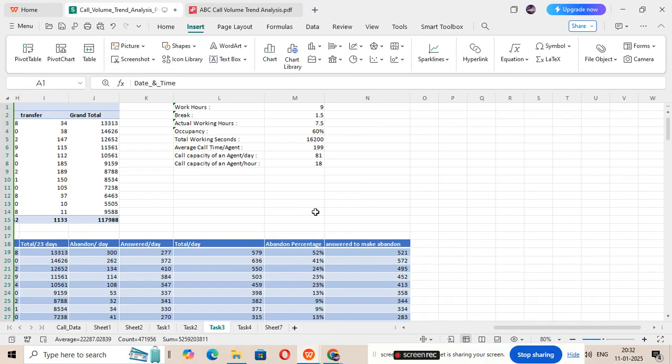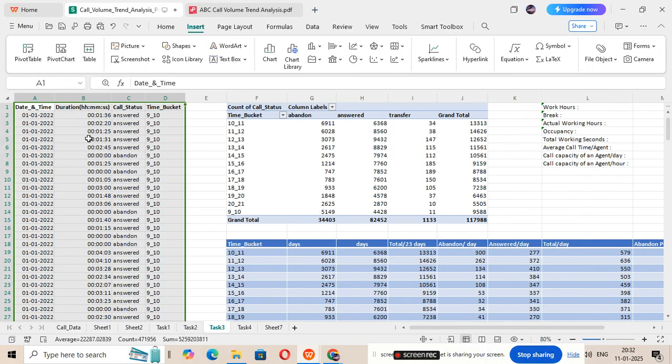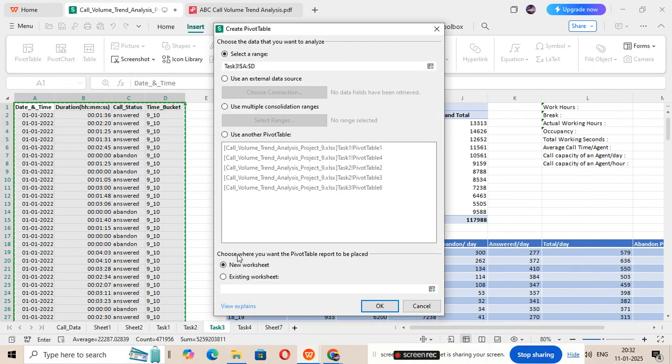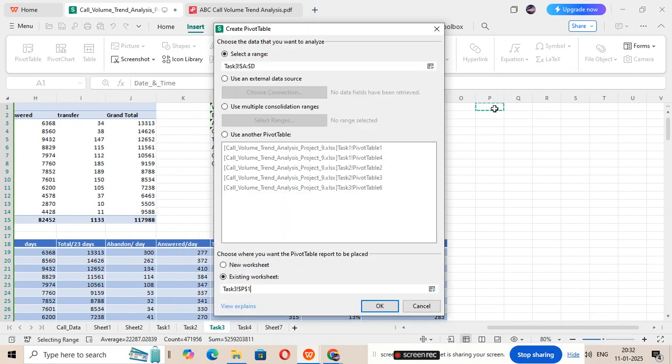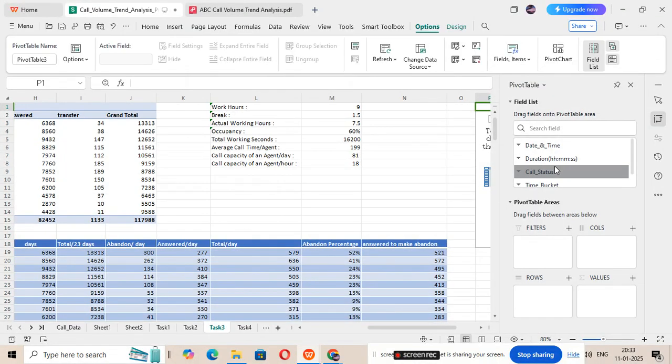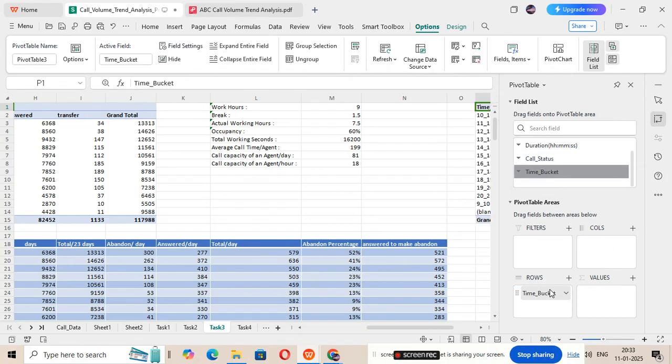Sorry, insert pivot table in an existing object. So selecting the itself to display, and the same way time bucket to rows and call status to count.